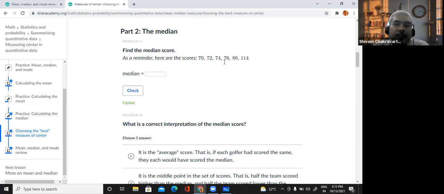I will take 1 minute. The median of the data we are talking about.